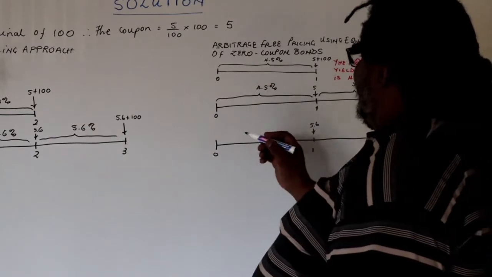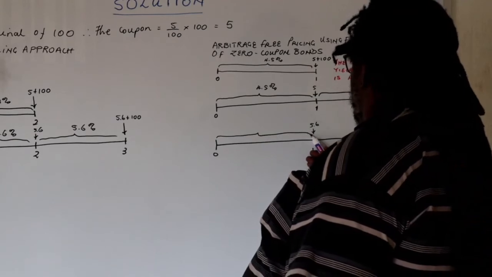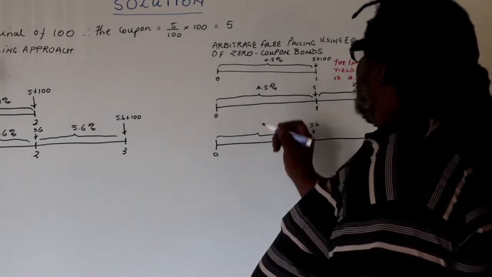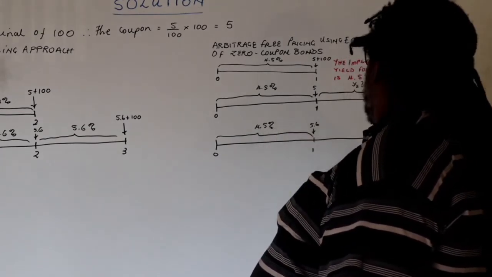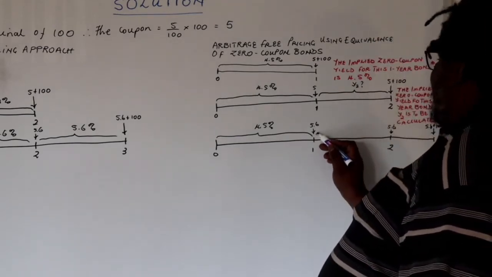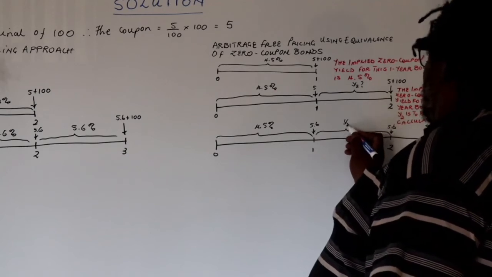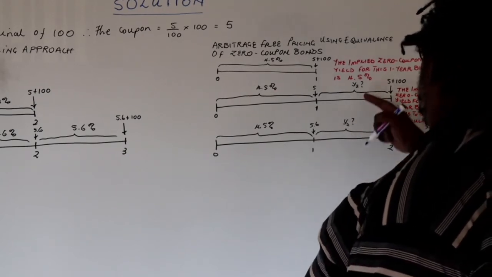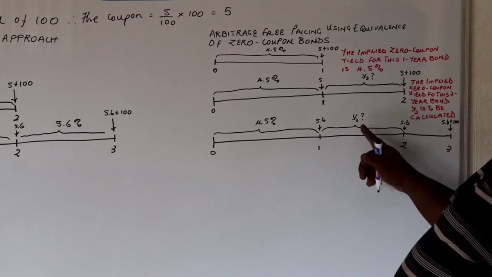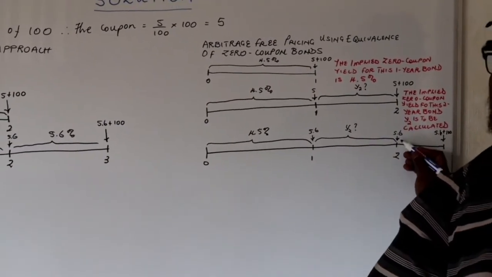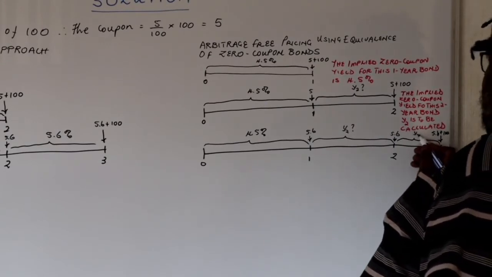So from the previous diagrams, we note that our spot rate for the first period is still 4.5%. And our spot rate for period 2 is Y2, which we still have to find out. Once we find it in the first scenario, we will use it in the second scenario. And then we now need to get Y3.